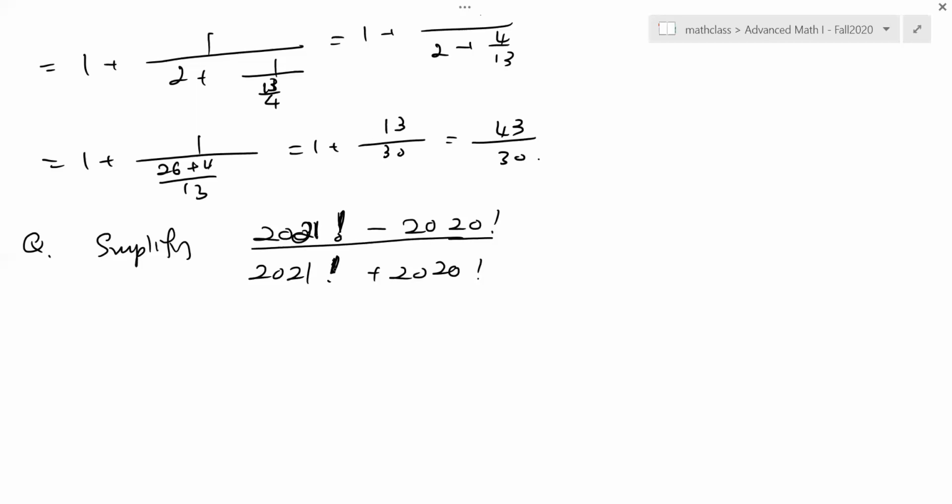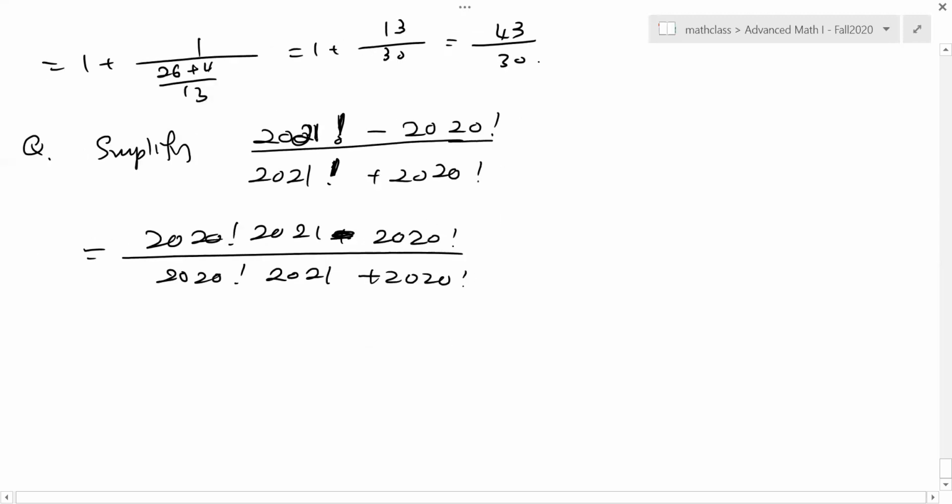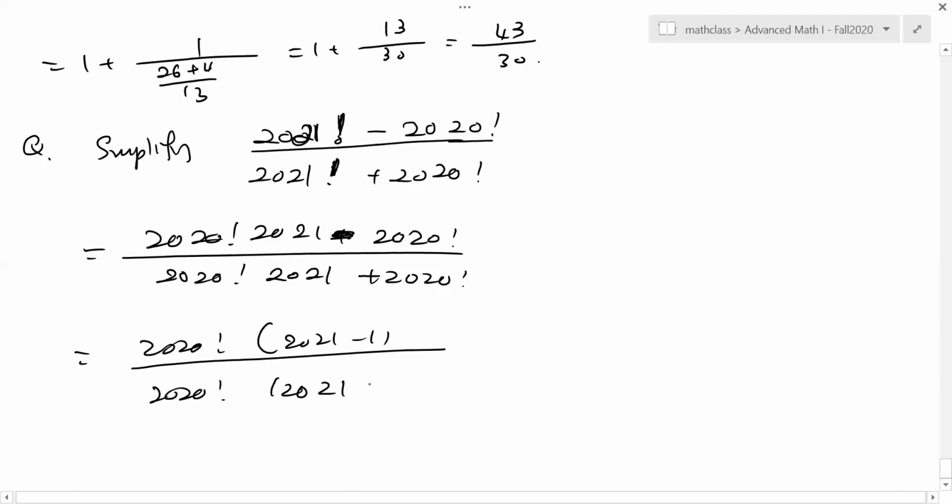All right. So common factor, take it out, right? 2021 factorial is going to be 2020 factorial times 2021. Okay, so 2020 factorial is a common factor, and cancel it out. And then 2021 minus 1, 2021 plus 1.